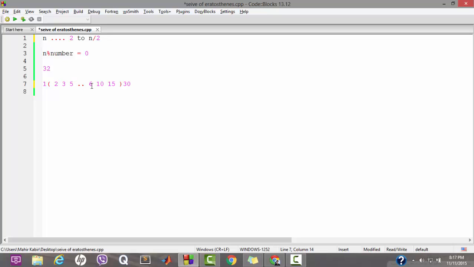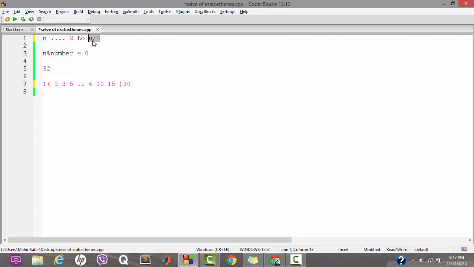Since 6 has factors 2 and 3, before coming to 6, we'll find out if 30 is prime or not. We don't need to check for numbers greater than the square root of 30. I guess it is clear that if you're checking whether a number is prime or not, we just have to check up to the square root of that number.